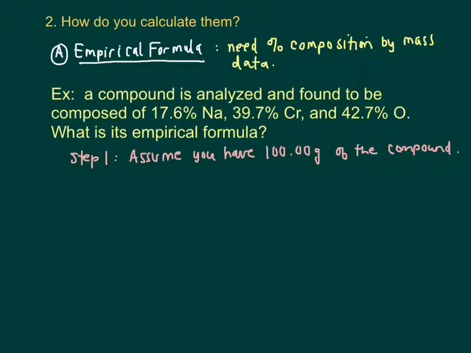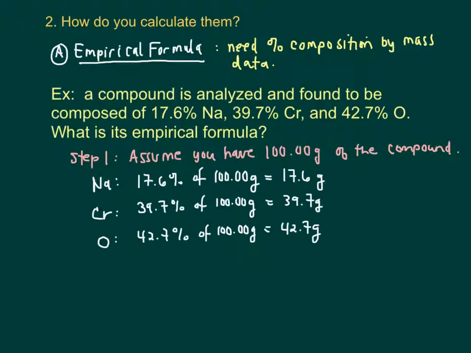Well, these are mass percentages, meaning that whatever amount of sample we have, 17.6% of the mass of that sample will come from sodium, 39.7% of the mass will come from chromium, and 42.7% of the mass will come from oxygen. And to make this simple, we're going to assume we have 100 grams of this compound, because that way, when you multiply the amount of compound by the percentage, it ends up being the same number.